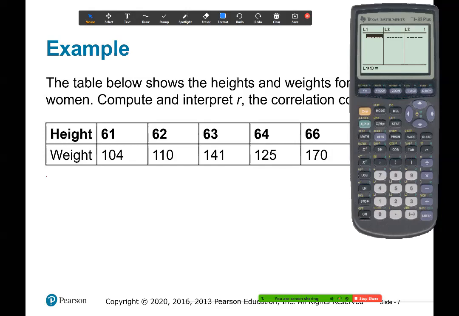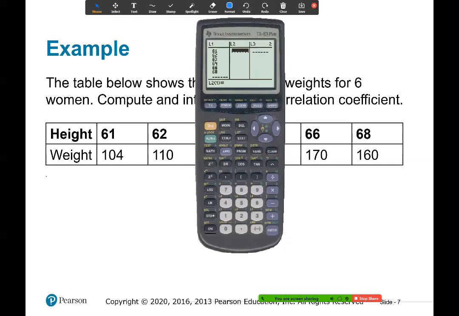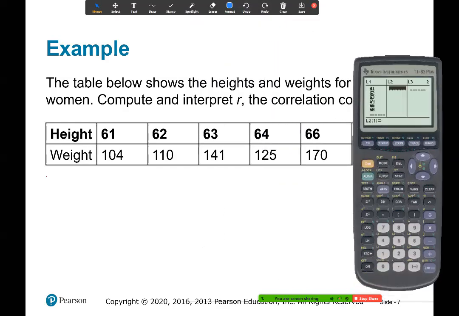Let's say L1 is height. So this one is 61, 62, 63. Input all the numbers: 64, 66, and 68. The next one, arrow over to L2, represents the weight.